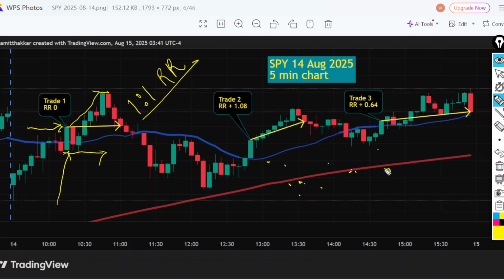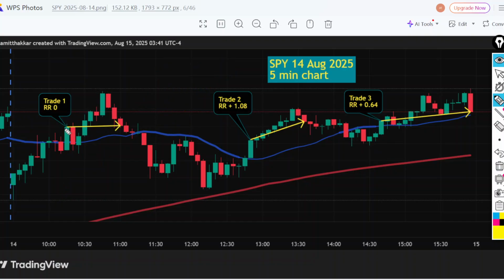So what do we do once the market reaches 1:1 risk reward ratio? We move the stop loss cost to cost. So once we entered on the close of this candle, market went up and it started coming down.